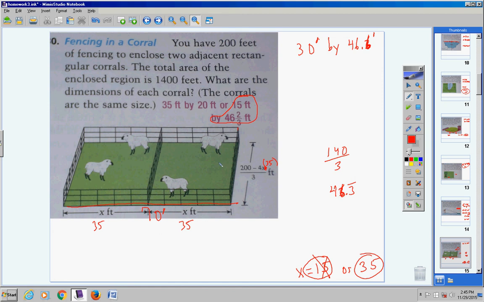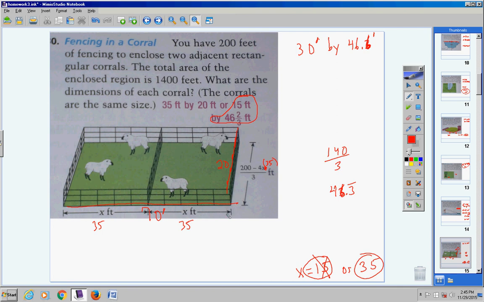And 60 over 3 is 20. So this whole length here is 70, and this whole length here would be 20.